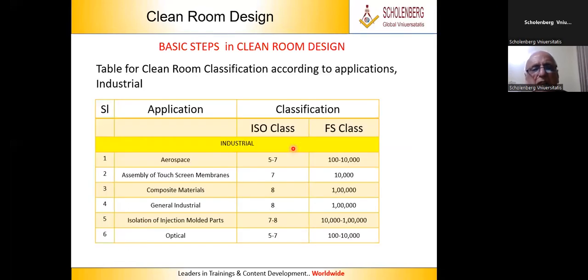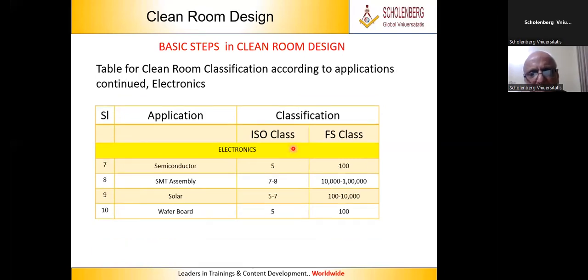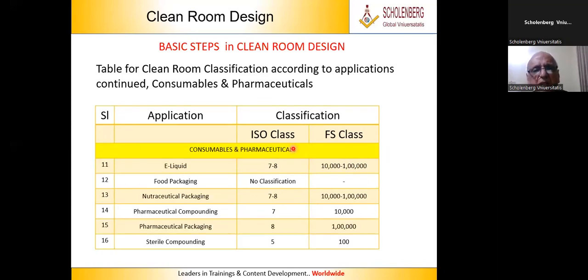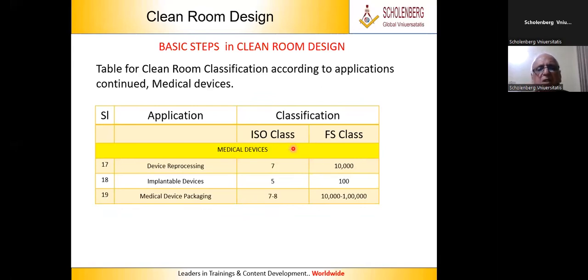When you come to 3, all the classification for various applications is given here.